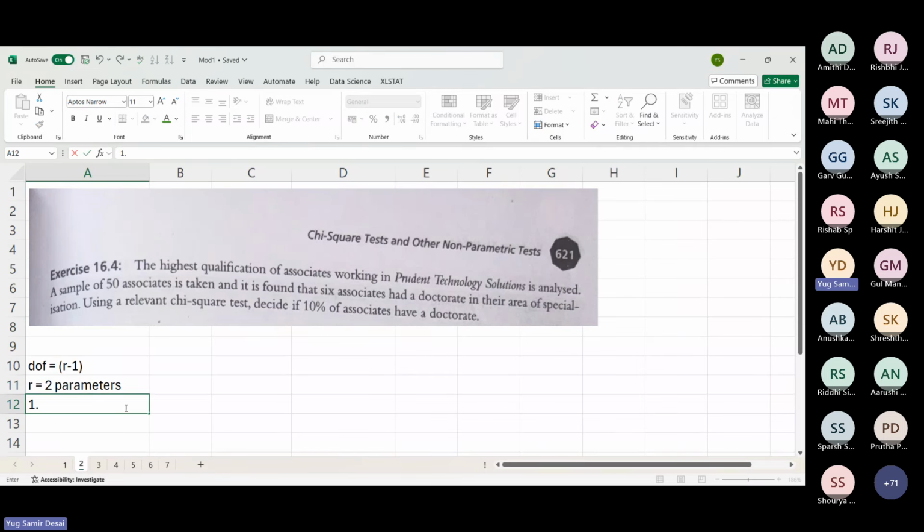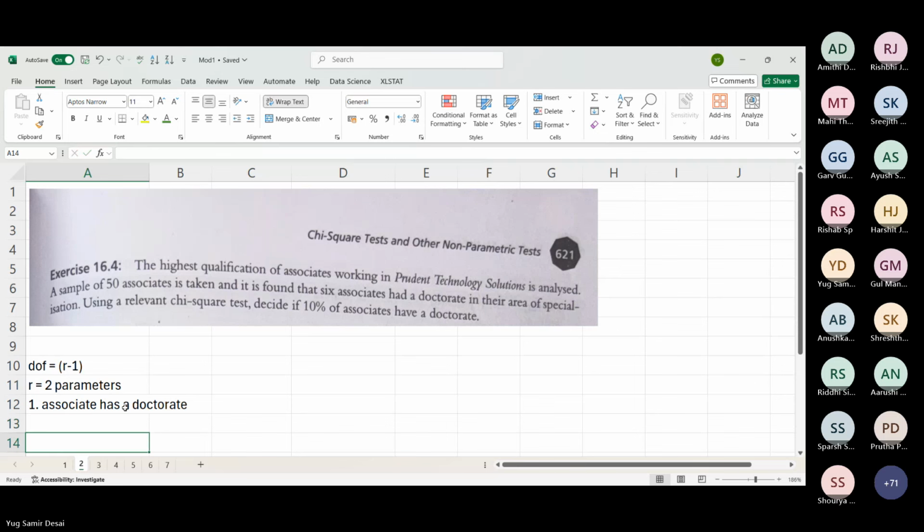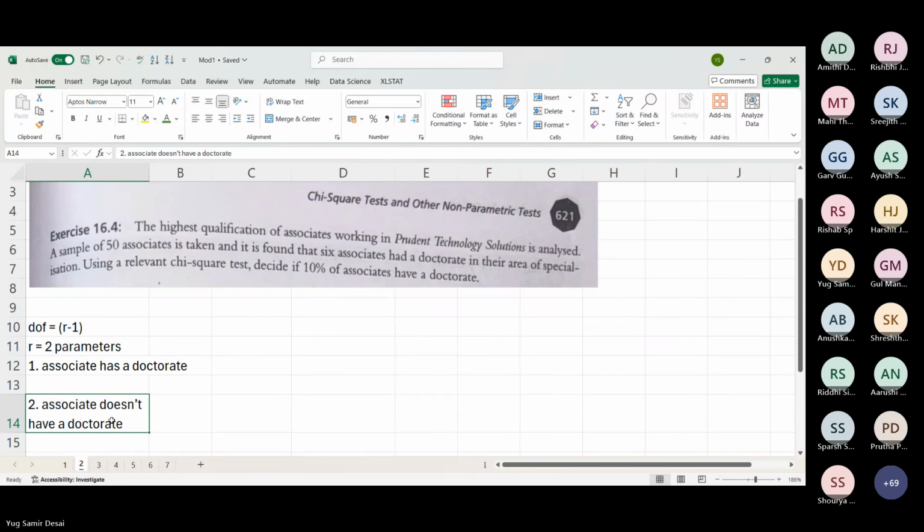Your first parameter is that the associate has a doctorate. Second, the associate doesn't have a doctorate. Hence, you should be mindful of such parameters and such tests because you have been asked to use a relevant chi-square test and decide if 10% of associates have a doctorate.